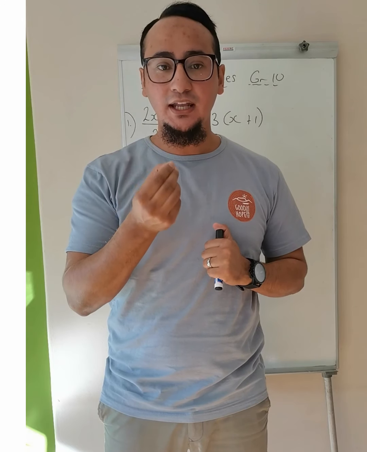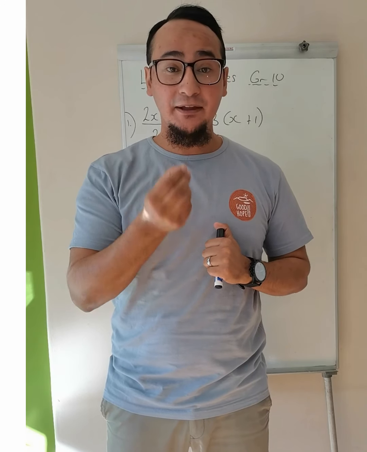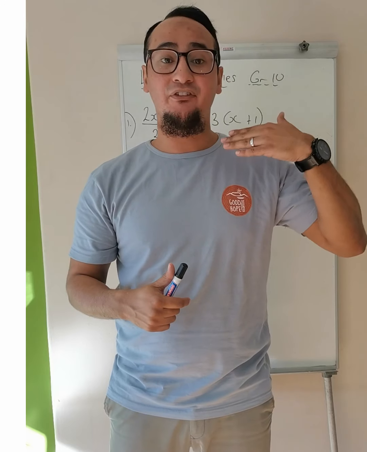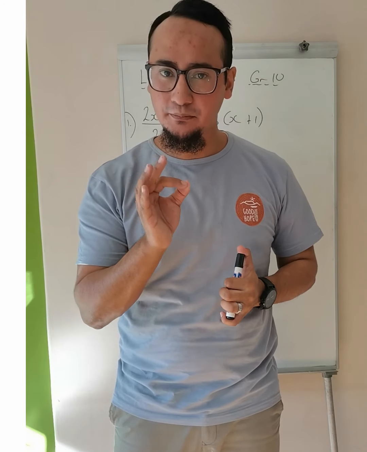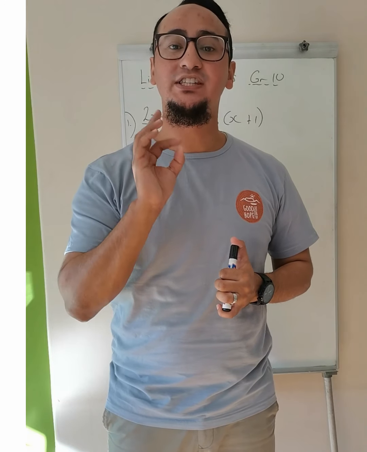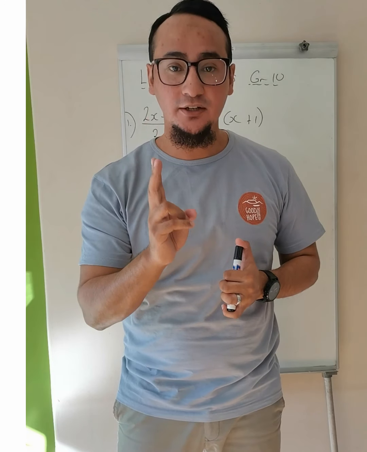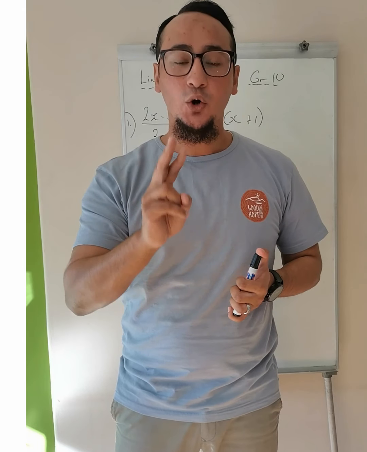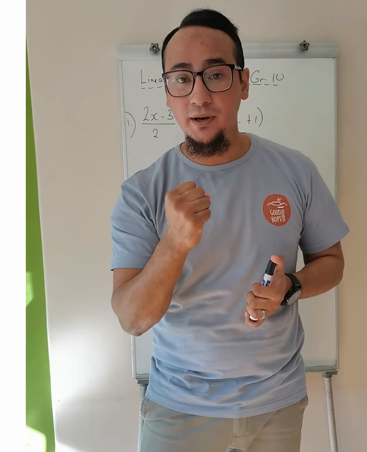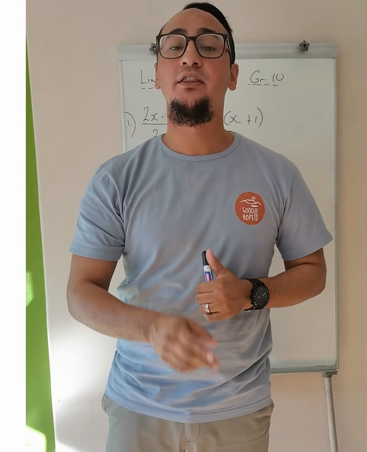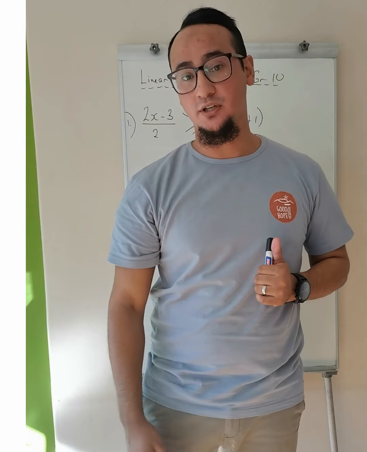When I get to the end of my sum, when I multiply or if I divide and that number is a negative number, then the direction of your inequality sign will switch around. Okay, I want you to remember that when multiplying or dividing by a negative, the inequality will switch around.